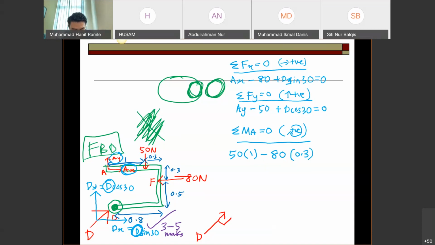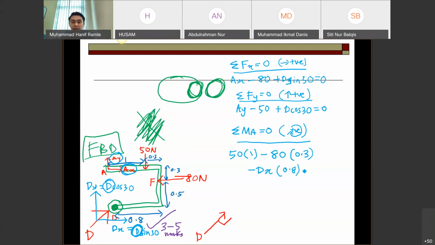The third one is dx, and dx should be negative as well. The dimension is from the line of action of dx to the point A, which is 0.8.